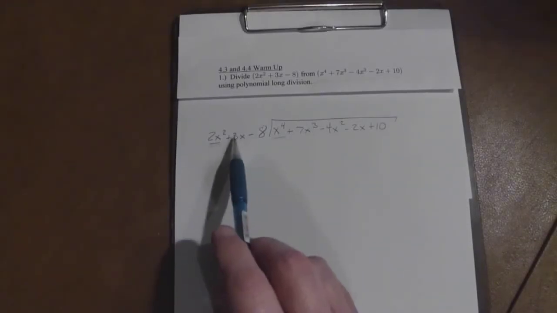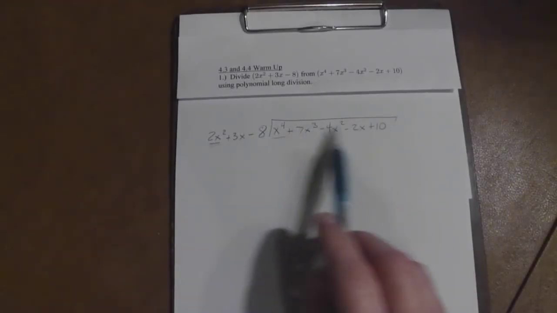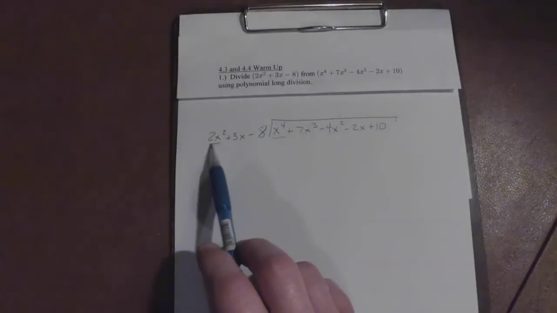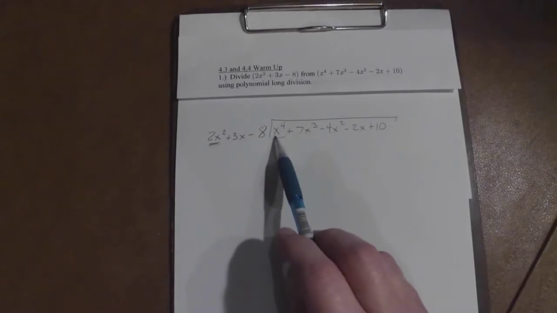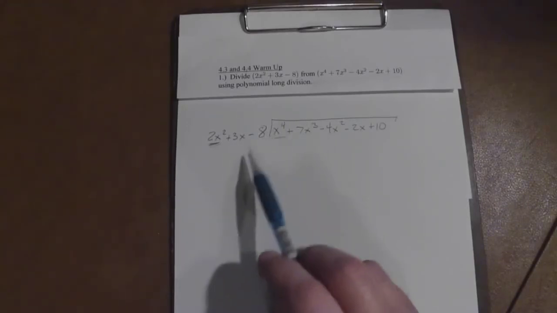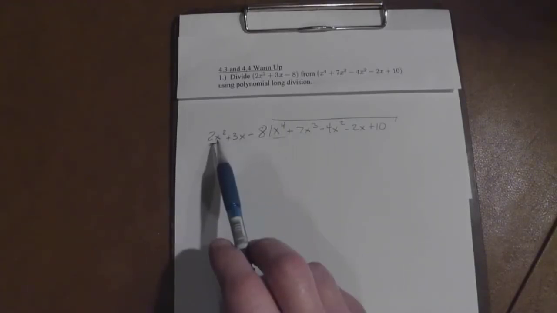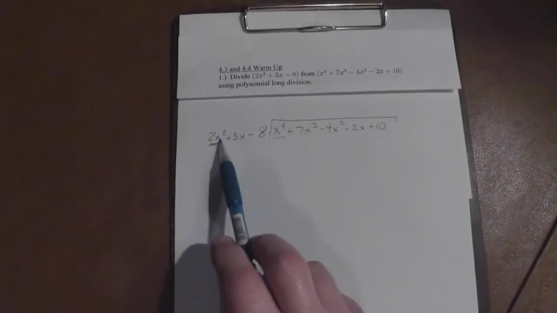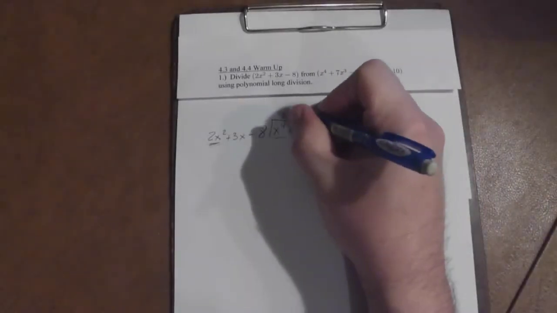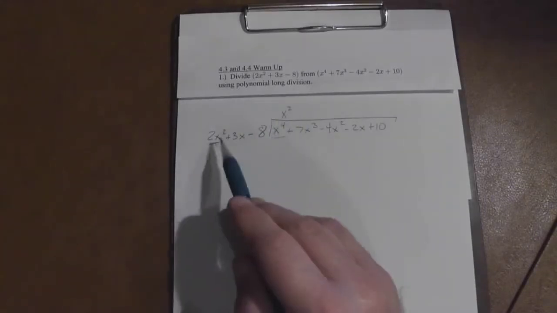And in this division process, if you recall, it begins with these first terms. We can ignore pretty much everything else as we start off, and we just ask ourselves, what times this first term of 2x squared is going to give us this result of x to the fourth power? Well, in order to obtain the x to the fourth, I am going to have to take an x squared and multiply that by another quantity of x squared.